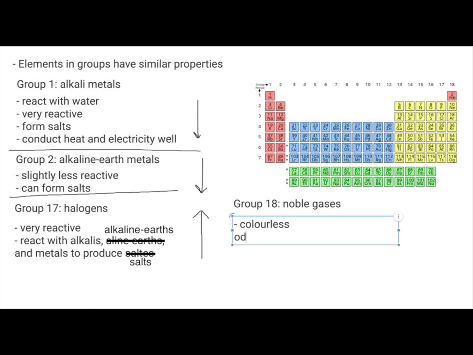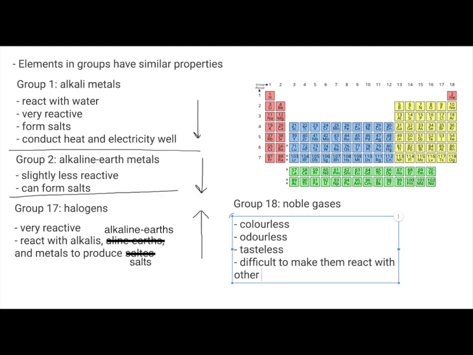They are also odorless, so you can't see them, you can't smell them, and you can't taste them. And it's difficult to make them react with other elements. However, it is not impossible, and they do get slightly more reactive, or actually quite more reactive, as you go down the group.